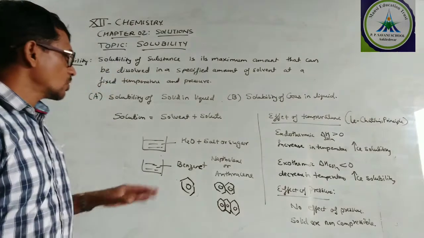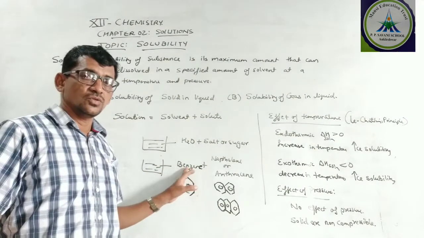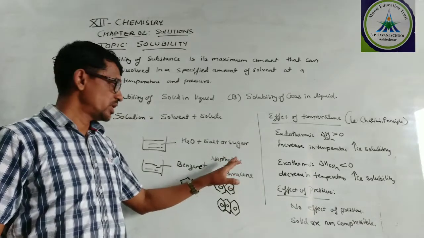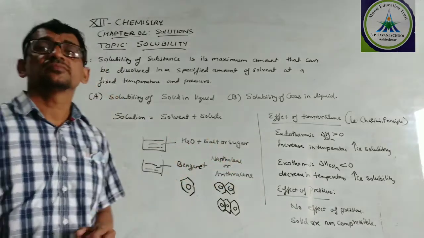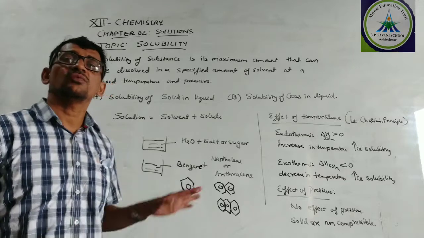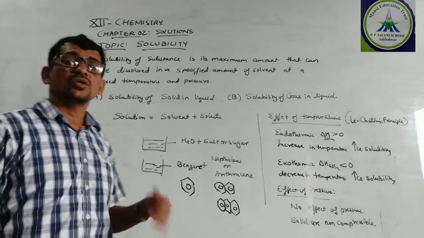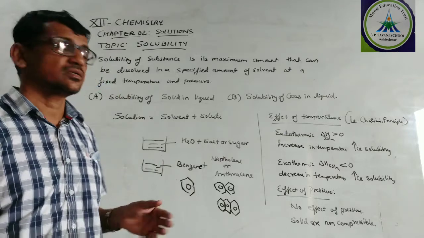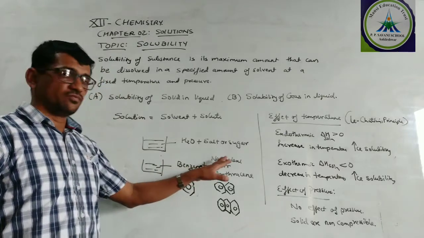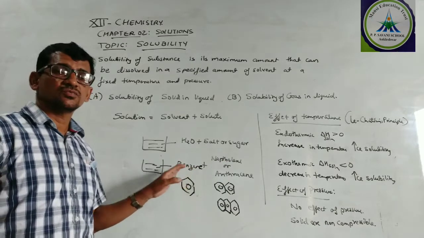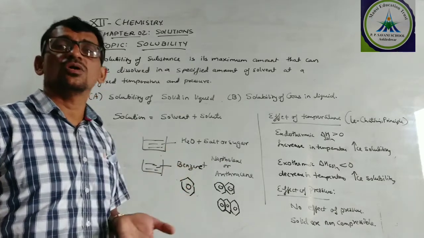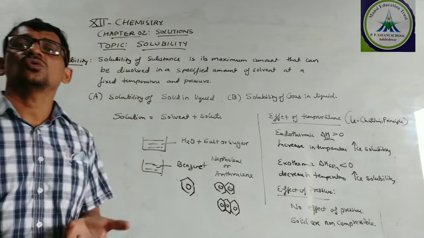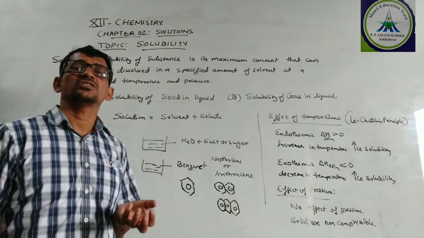For organic compounds as solute, you have to use an organic solvent. So you add naphthalene in benzene. First you add a few grams and it will dissolve. Then as you add more, at a particular temperature and pressure the amount of naphthalene you can add in benzene is fixed. After that it will not dissolve. That is known as the solubility of that particular solution at fixed temperature.